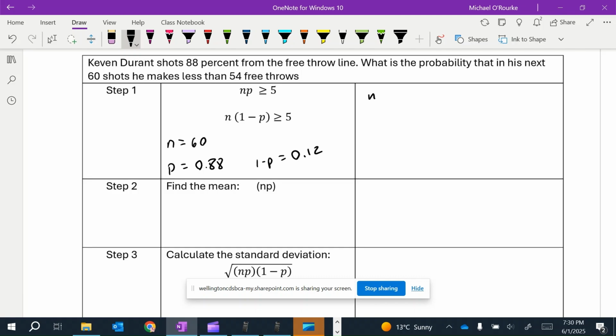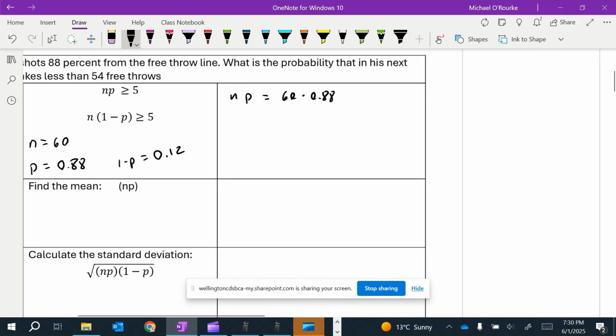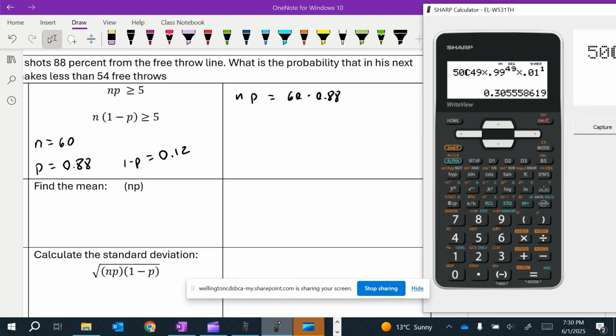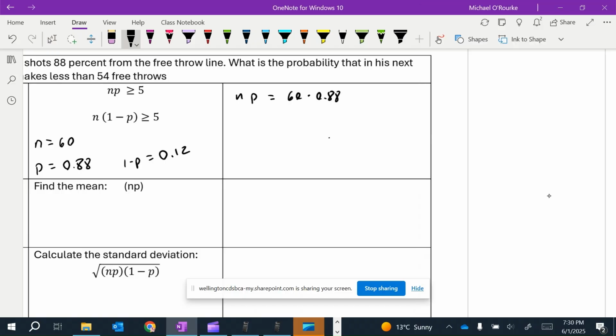So np is 60 times 0.88, which equals 52.8.